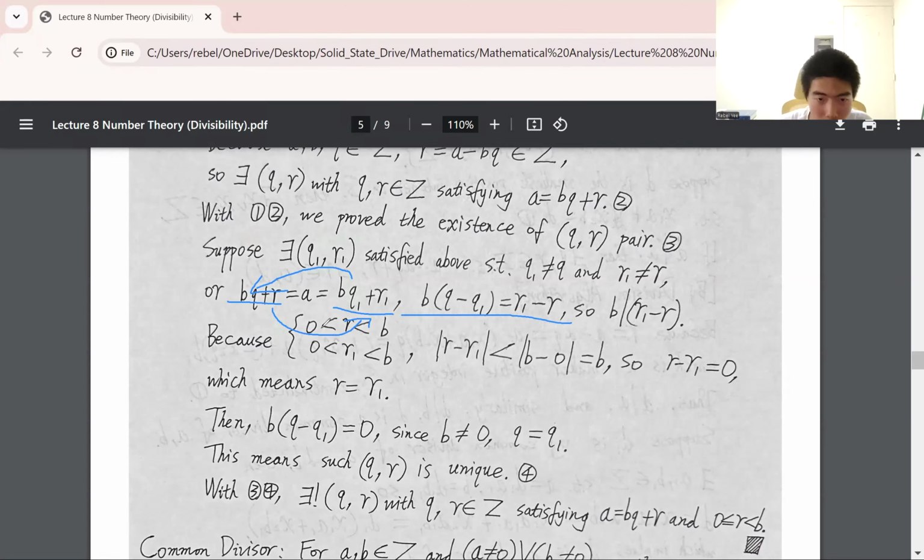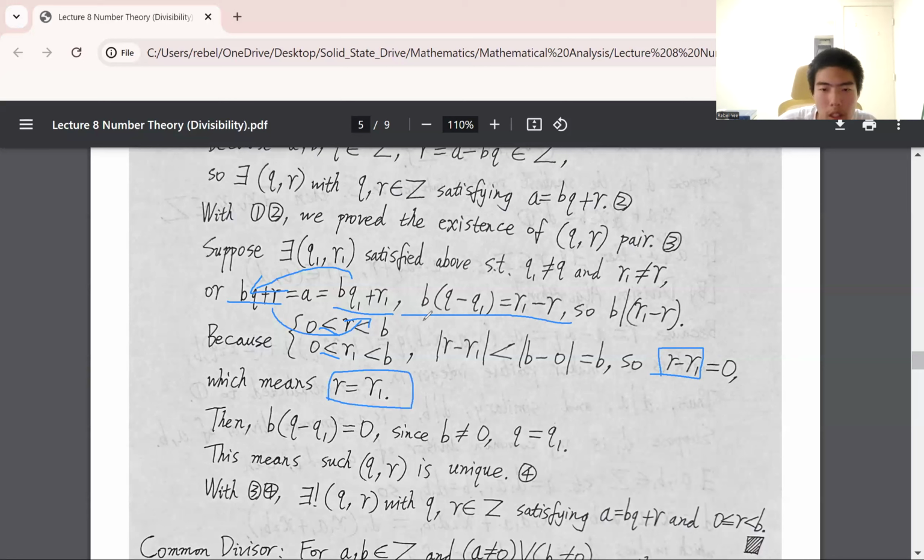Maybe not strictly, because we're considering both cases, it can be equal, but this doesn't affect the result much, because it's smaller than B. And if R minus R1 is smaller than B, something interesting happens: it can only be 0, because if it's not 0, then it must be greater than or equal to B by our previous theorem. So R minus R1 must be 0. So R equals R1, and we prove half of it.